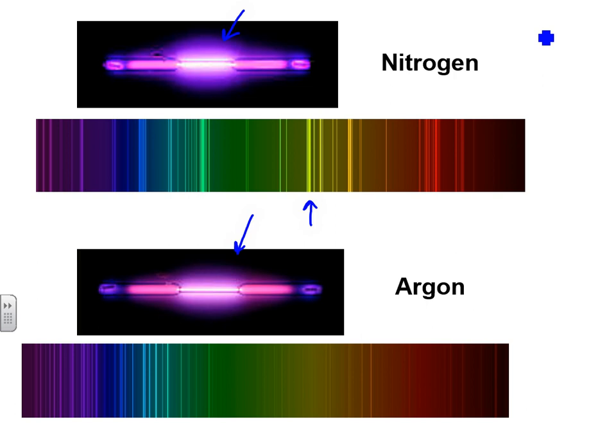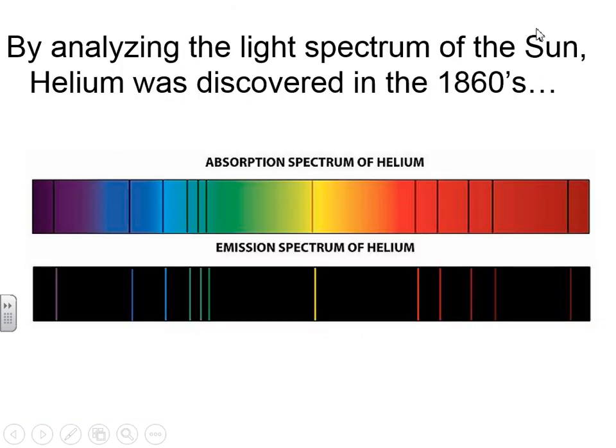An interesting historical fact is that elements were actually discovered on this principle. A famous element that was discovered this way was the element helium. The word helium actually means sun. Helios is Greek for sun, and from the word heliocentric. You may have heard of that word. And helium was discovered in the sun before it was discovered on Earth.